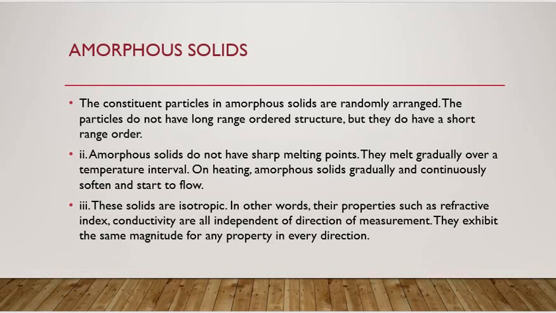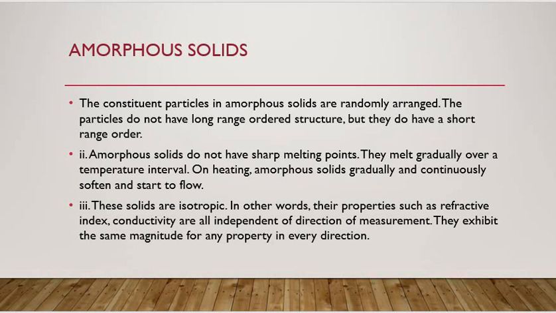Amorphous solids are isotropic. That means properties like refractive index and conductivity are independent of the direction of measurement. They exhibit the same magnitude of any property in every direction.